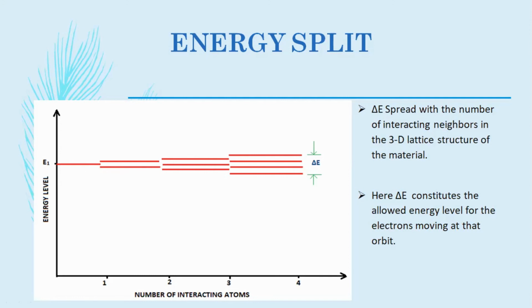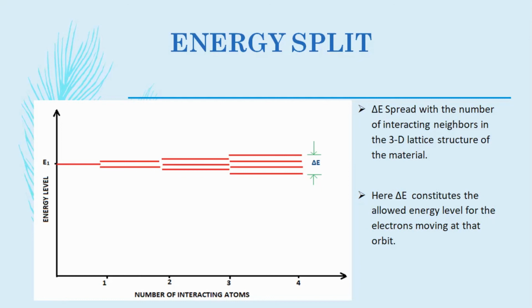So each and every atom has some energy band. If you consider a silicon atom, you will have an outermost orbit, and due to other neighboring silicon atoms in that silicon crystal structure, the extremely outer orbit of the silicon will get split, and it will form a band.